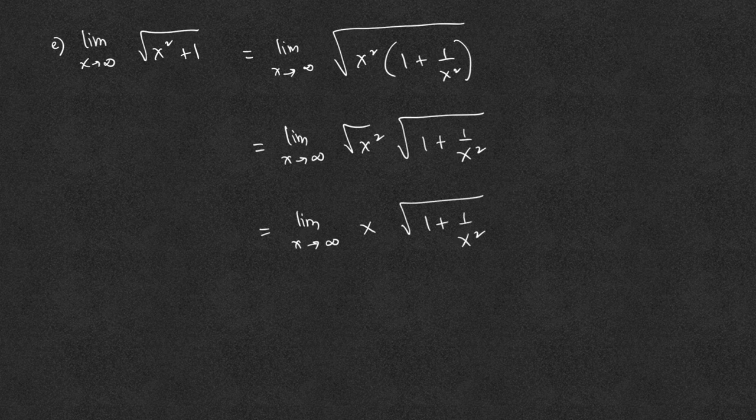As x goes to infinity, 1 over x squared goes to 0, and so the square root of 1 plus 0 is the square root of 1. We end up with the limit as x goes to infinity of x, but x is the identity, and so as x goes to infinity, x goes to infinity.